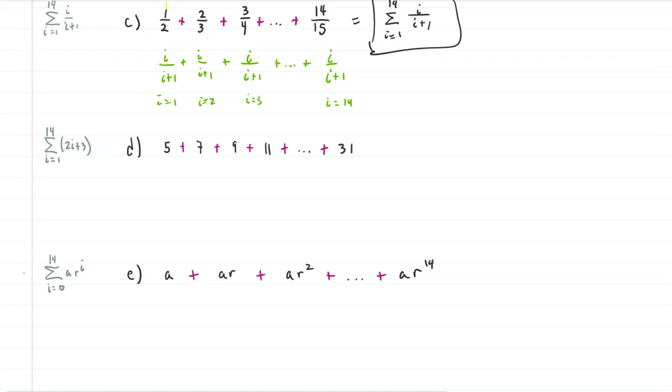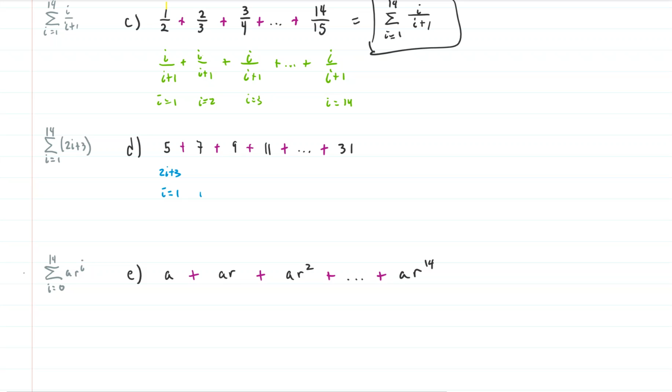What if we did 2i plus 3? And say I was, what would I have to be in this situation to make 2 times something plus 3 equal 5? I would have to be 1.